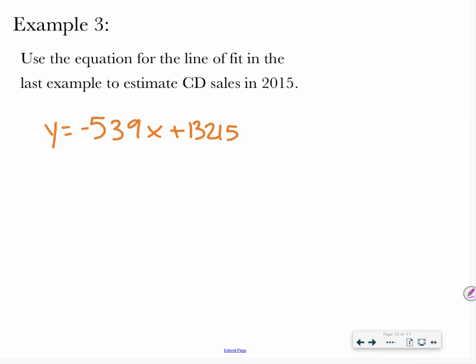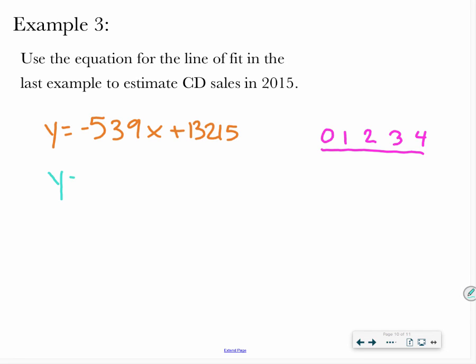Alright, now we want to estimate CD sales in 2015. So if we think back to our graph from example 2, remember on the x-axis I counted my years by 0, 1, 2, 3, 4. And I said that it was the number of years since 2000, the number of years since we started with the graph. We're going to use that idea. Instead of plugging in thousands, we're going to use these numbers. How many years has it been since 2000?